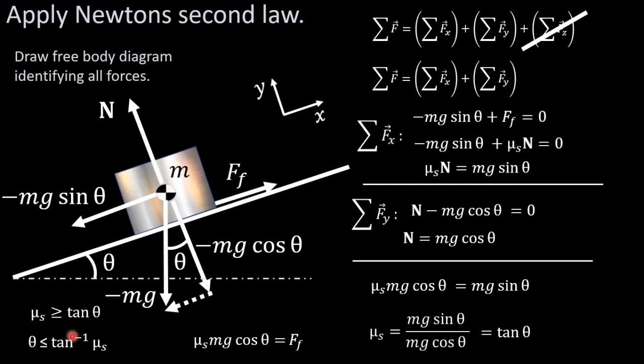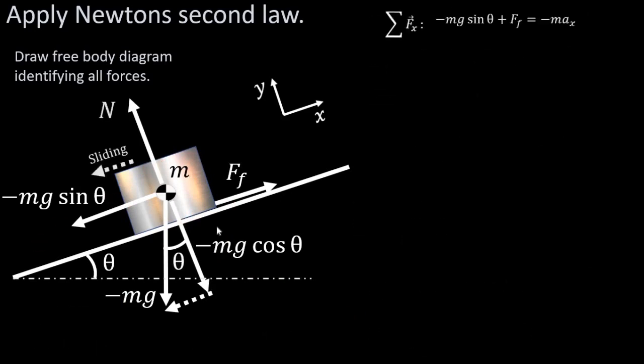Inverse tan of the coefficient of static friction gives us an angle theta where the force of friction and this component of weight are equal. Theta has to be less than or equal to that angle for this condition to apply. If theta exceeds inverse tan of the coefficient of static friction, this particle will start to slide.